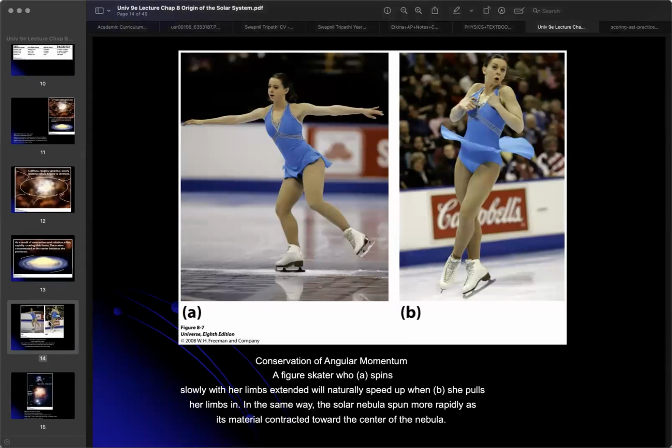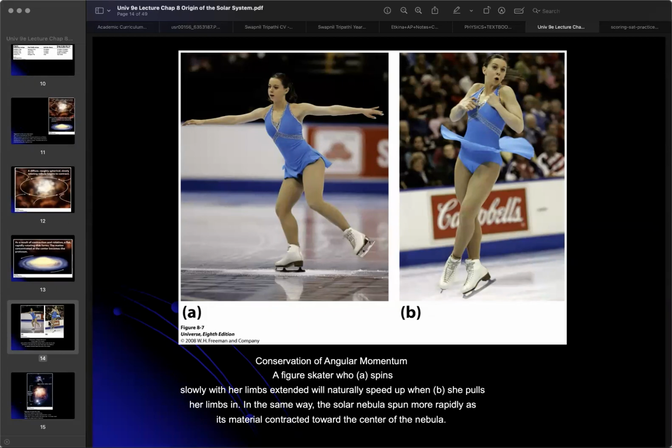This kind of thing is seen when you watch figure skaters. They start out spinning not that fast, but their arms and legs are spread out away from their axis of rotation, so they have a larger moment of inertia. But as they pull their arms and legs in, their moment of inertia reduces and they start spinning very fast.